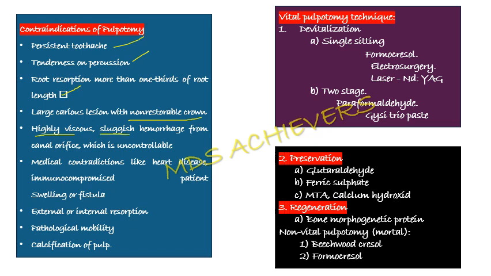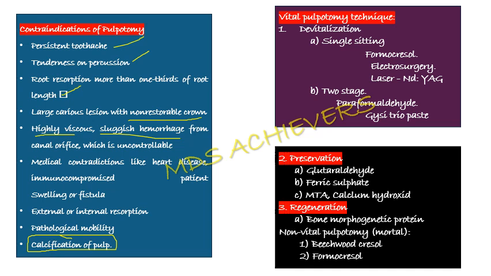Highly viscous and sluggish hemorrhage from the canal orifice, and medical contraindications like heart ischemia or immunocompromised state, or swelling, fistula, or external or internal resorptions, and pathological mobility or calcification of the pulp. If there is a calcification of the pulp, then we have to go for pulpectomy procedures in the primary teeth or root canal therapy in the permanent tooth.